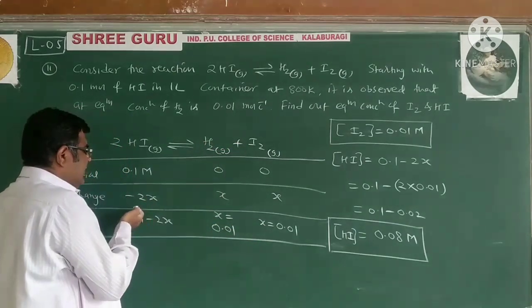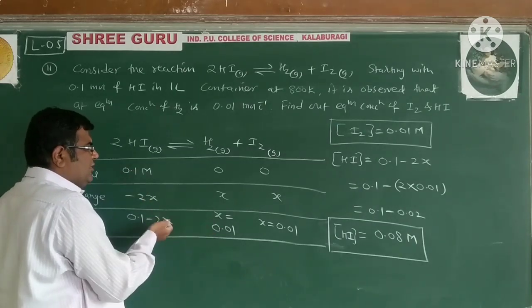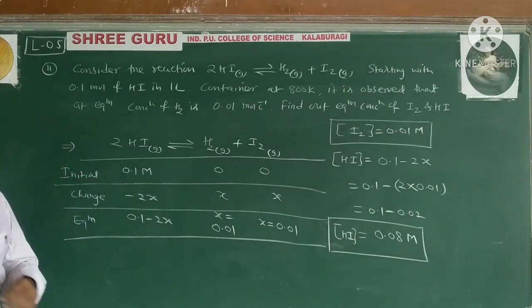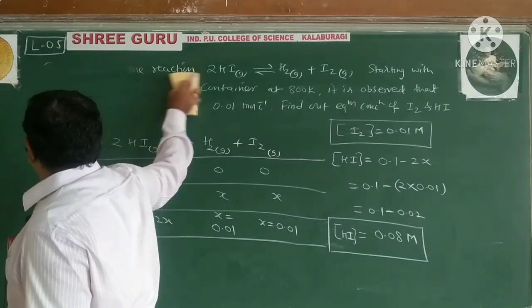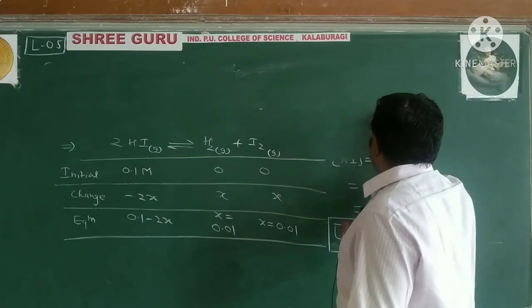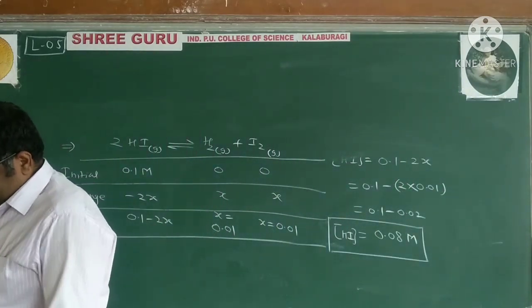And for hydrogen iodide, the equilibrium concentration is 0.4 minus 2x. X we have substituted, and we get the equilibrium concentration of hydrogen iodide. So I hope you are understanding the methodology. Once you understand the methodology, let the number be first, that doesn't matter.